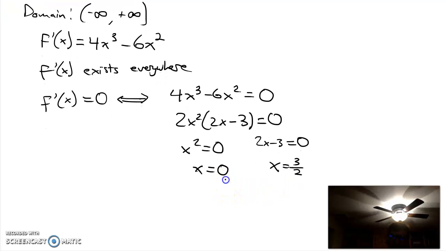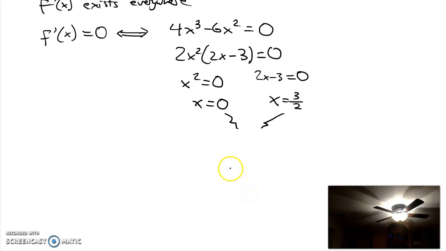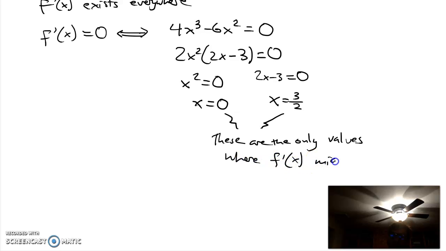So these two values are the only values where the first derivative might change sign. And the key word there is might. That's why we're going to have to test them.